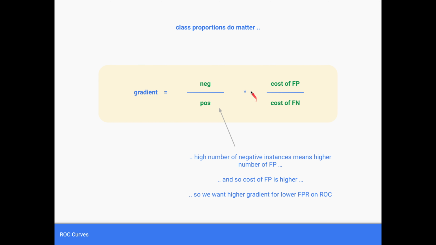So the maths turns out to have 2 ratios. Previously we used the ratio of the cost of the false positives and the cost of the false negatives to inform the gradient, and now we have negative over positive. So the number of negatives over the number of positives in the population.